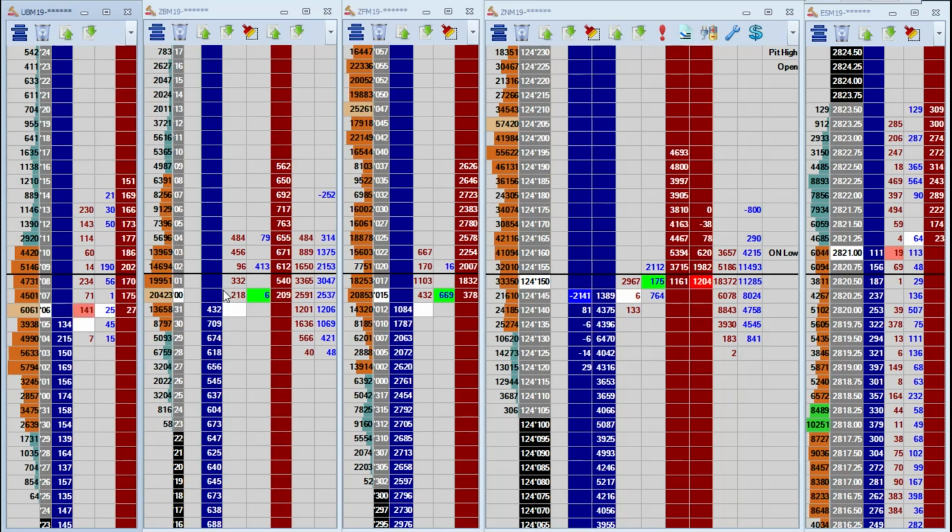Ultra bonds trading down, 30 years trading down, 5 years trading down. Where is the smart money?